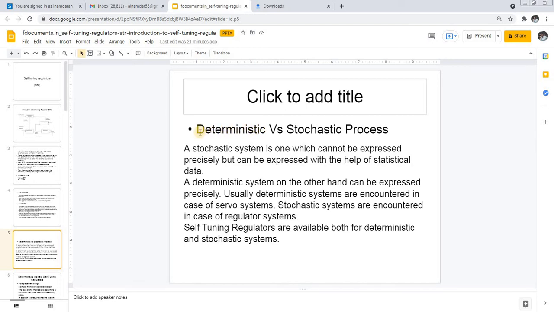These deterministic systems are used in case of servo systems, and stochastic systems are used in case of regulator systems. For both approaches STR is available. You can use deterministic STR, and also you can use stochastic STR.